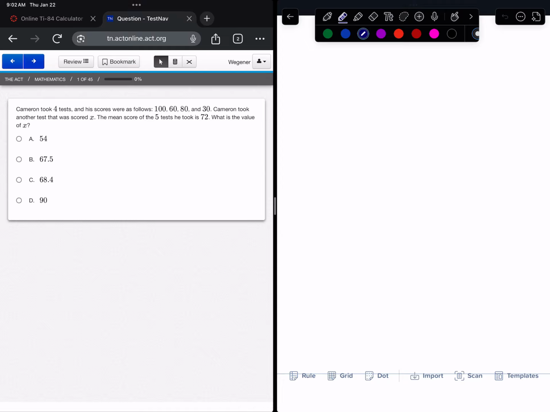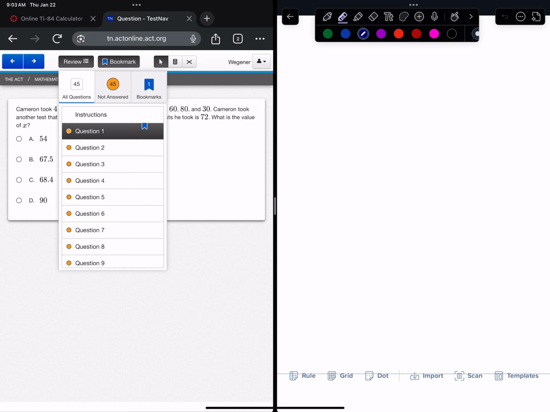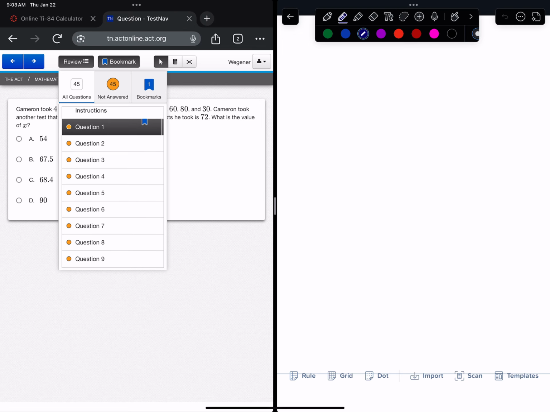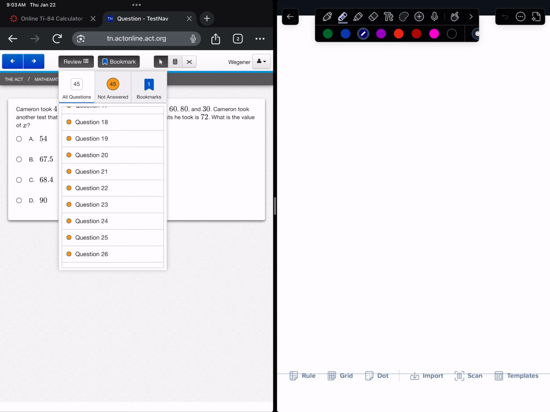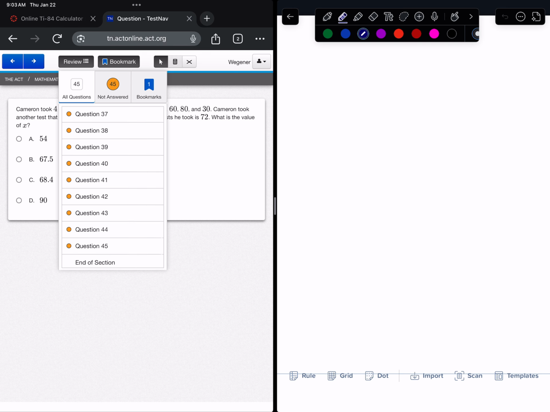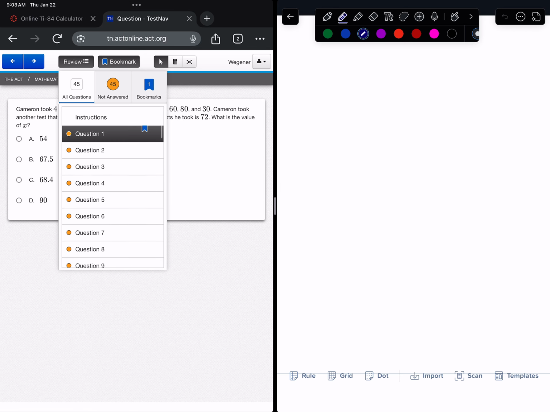But before we get to the first one, I just want to go over the tools that are available to y'all. So you have the bookmark. Let's say there's a question you're kind of stuck on between 2 answers. You can go ahead and bookmark that. If I press review, notice how it has that blue mark, okay? And all the questions you have not answered are in orange circles.